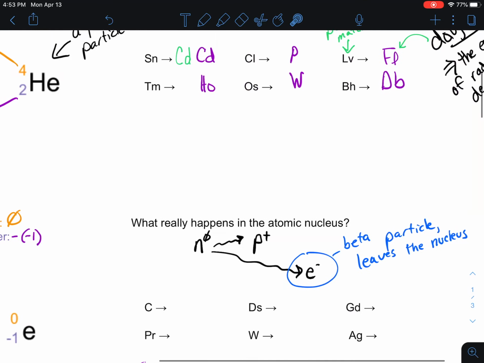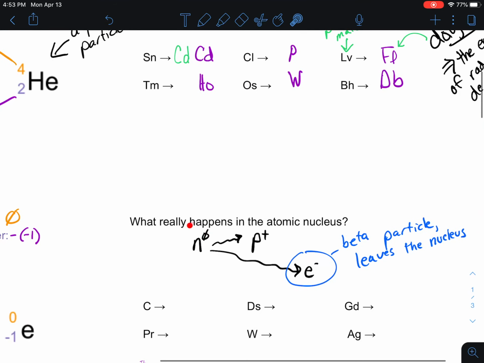It's a neutron breaking down into a proton and an electron. The electron does not stay in the nucleus. I completely take that back. It completely leaves the nucleus. I think it completely leaves the atom, but what that does is irrelevant.